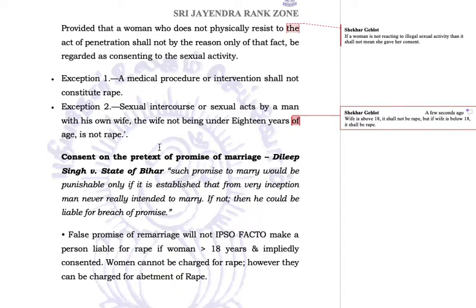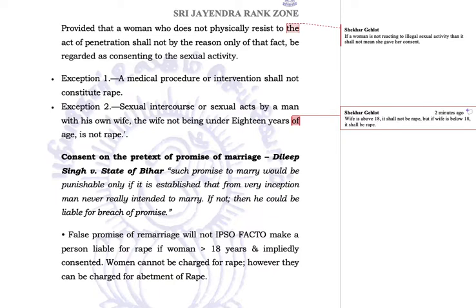So the Supreme Court has said that such promise to marry would be punishable only if it is established that from very inception man never really wanted to marry. That from the day of relationship itself, from the first day, man had no intention to marry the woman, and he was just after sexual favors.